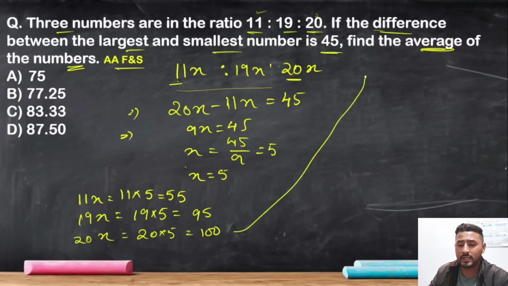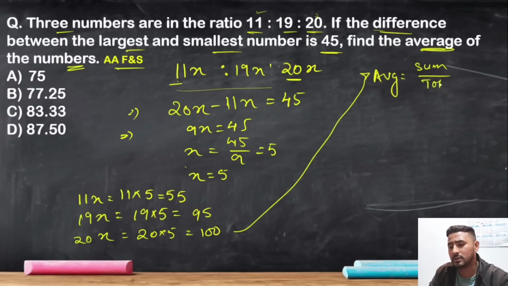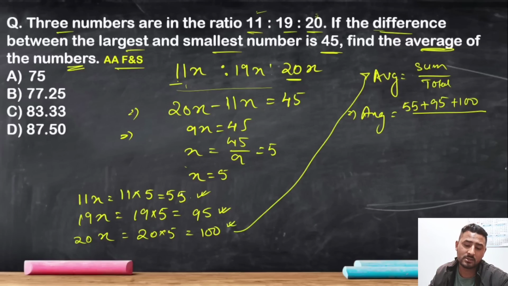So now get the sum. Average is equal to sum by total. So our average will be how much? The sum is, see, now don't add 11, 19, 20. This will be the correct numbers: 55 plus 95 plus 100, divided by how many numbers? 1, 2, 3.